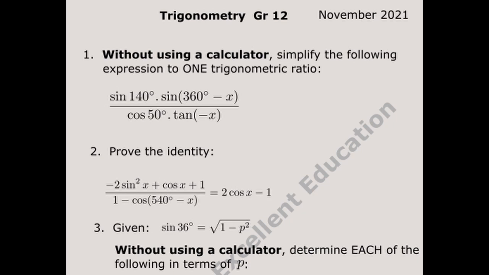Without using a calculator, simplify the following expression to one trigonometric ratio: sine 140 degrees multiplied by sine (360 minus x), all over cos 50 times tan of minus x.